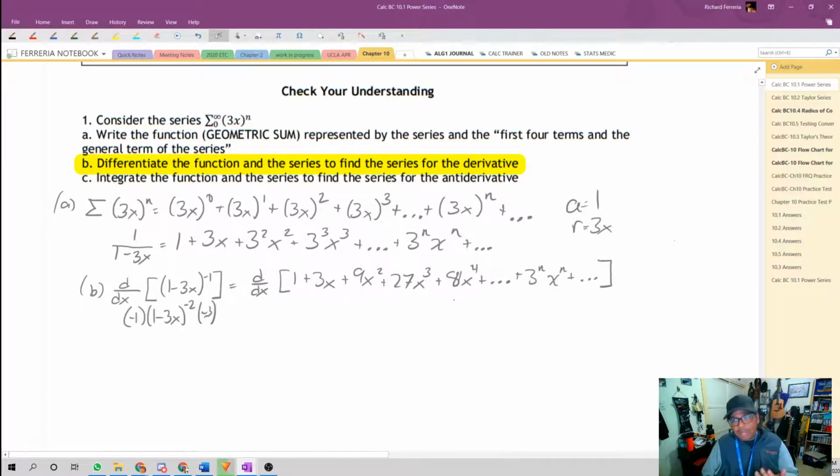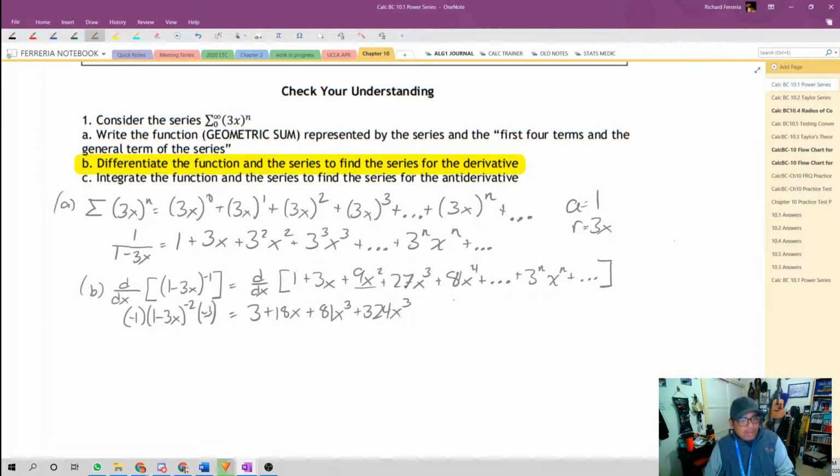On the left side, we get negative 1, 1 minus 3x to the negative 2, multiplied by the derivative of 1 minus 3x, which is negative 3. On the right side, we get the derivative of 1 is 0, the derivative of 3x is 3, the derivative of 9x squared is 18x, and I made a mistake here, that should just be 18x.